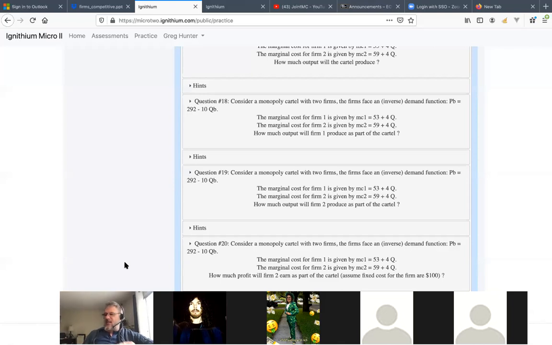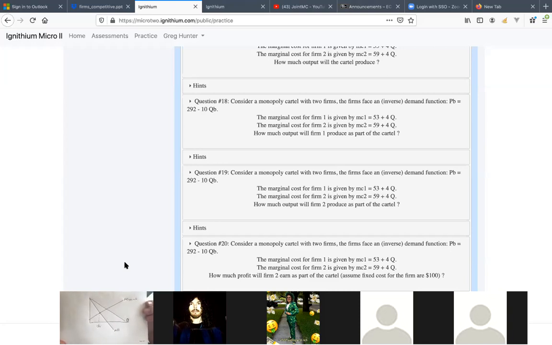Yeah, so remember, the setup is a monopoly problem, right? And so for the monopoly, the real difference here, and I'm going to label it, and then maybe you'll be able to see. There's your hint.